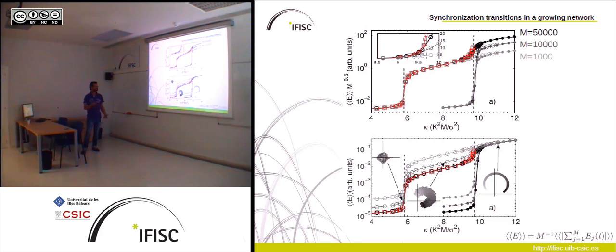You consider an appropriate order parameter that tends to the same value as the complete model, or the whole equations, above the second critical value.